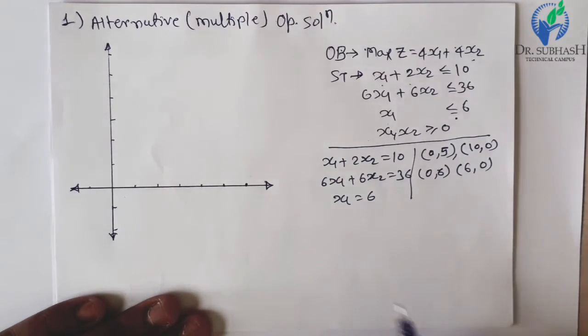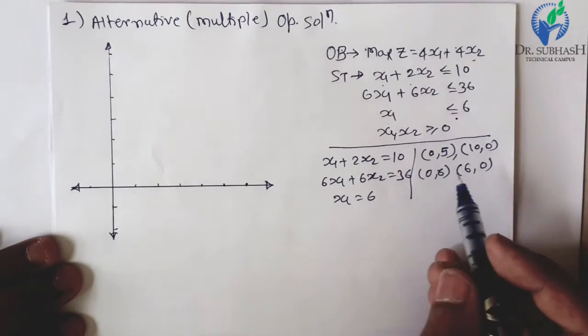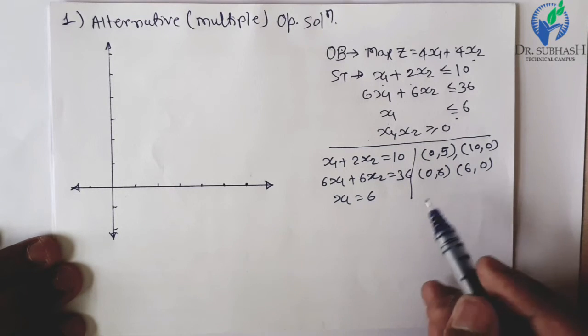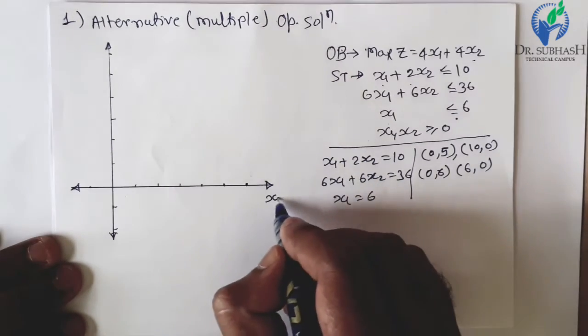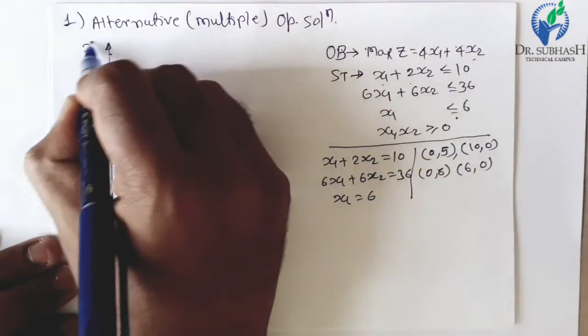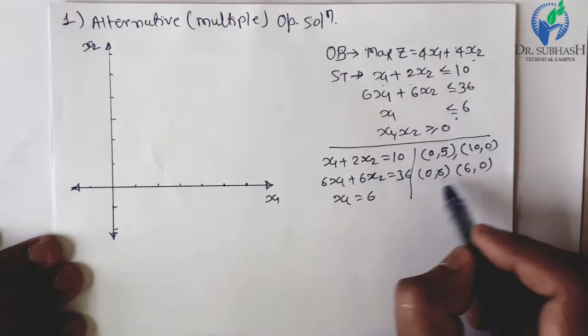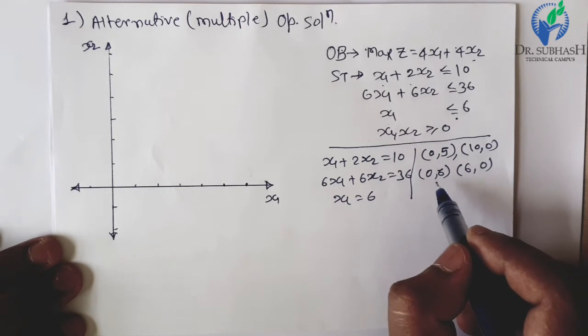So let's try to plot all the equations in the graph. But before that, we have to define a scale: how much scale we have to consider for x1 and x2. Let's consider this is x1 and this is x2. From this you can observe the maximum value of a particular variable.